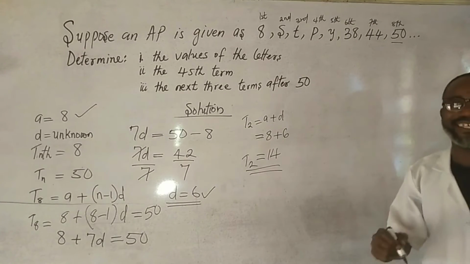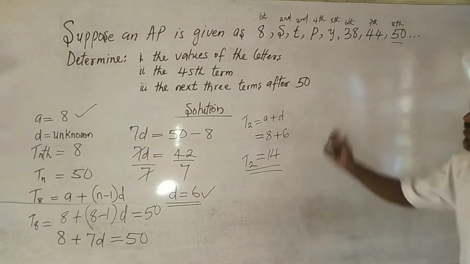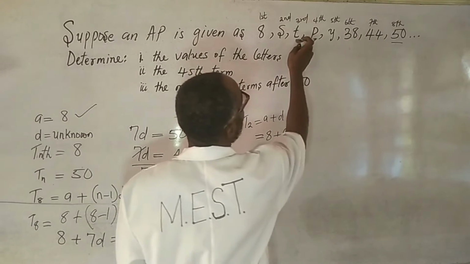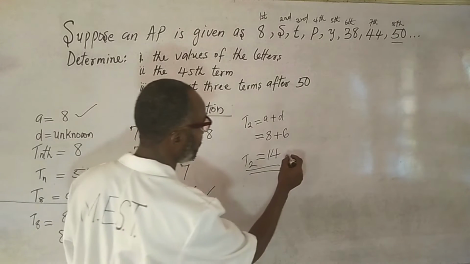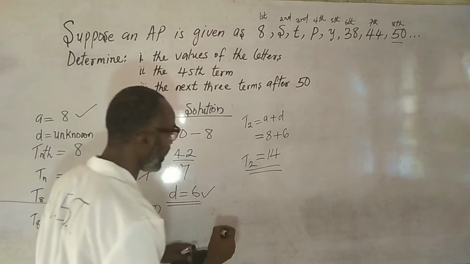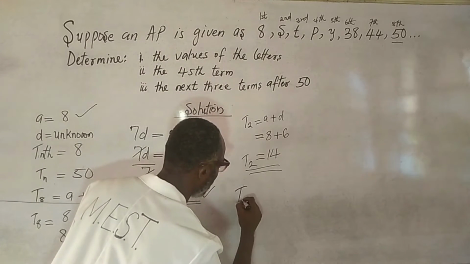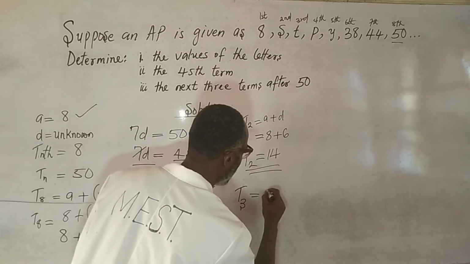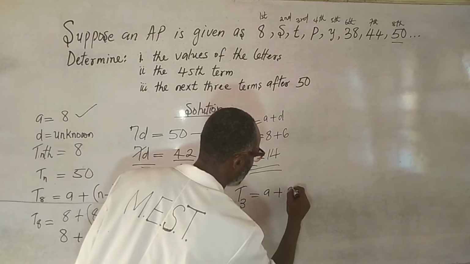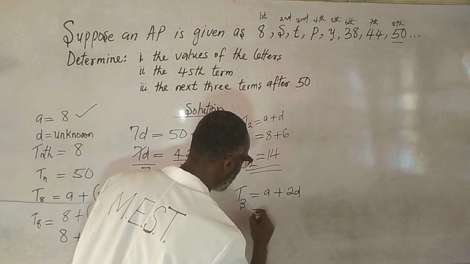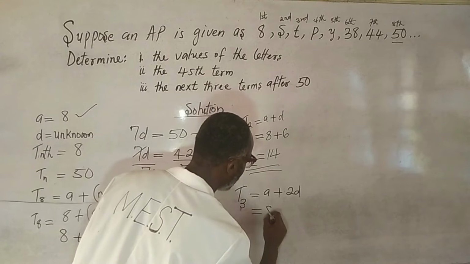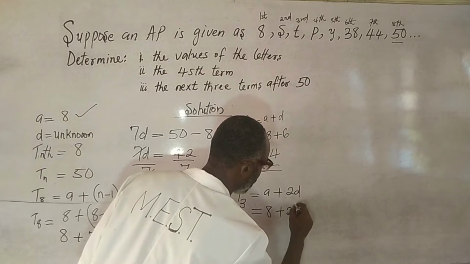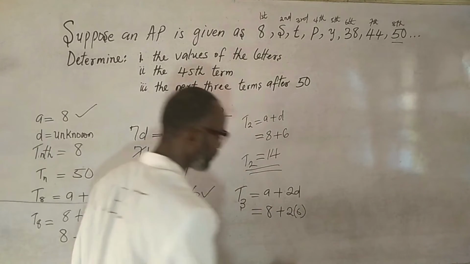This is interesting, right? Okay, so let's go on and find the next one, which is T3. T3 is equal to A, the first term, plus 2D. And we substitute, this is 8, and then we have 2 times 6.